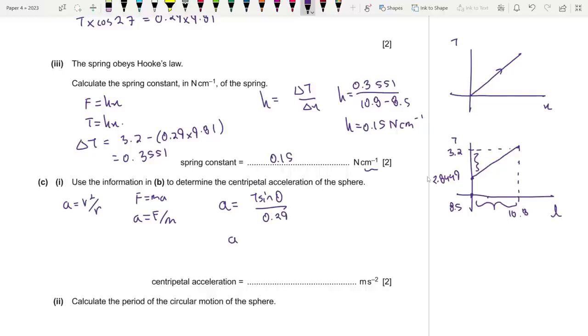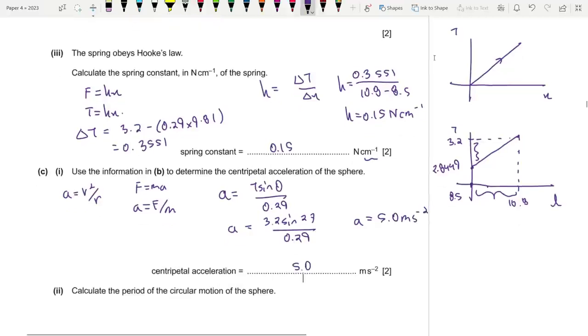So A is 3.2 sine 27 divided by 0.29, which is 5.0 meters per second squared to 2 SF. Since the data is given to 2 SF, just go for a 2 SF answer.